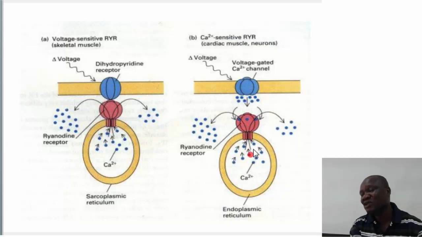The ryanodine receptor will release calcium. So here, calcium is inducing its own release from the sarcoplasmic reticulum. So it's said to be calcium-induced calcium release. Whilst in skeletal muscle, the dihydropyridine receptors will cause the opening of the ryanodine receptors to release calcium ions.